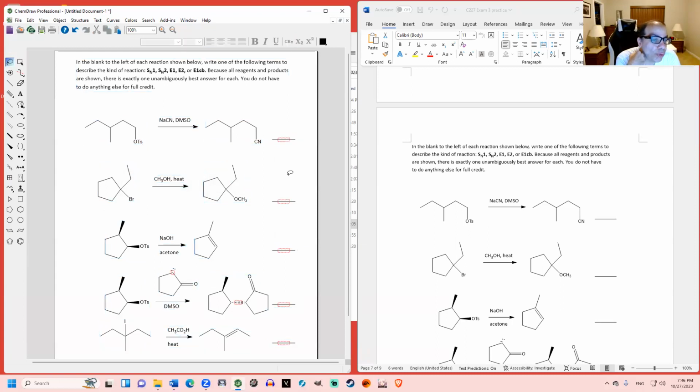And then over here, we need to figure out what kind of reaction each of these is. So here you do need to say what type of reaction. The answer for each of them is going to be either SN1, SN2, E1, E2, or E1CB.